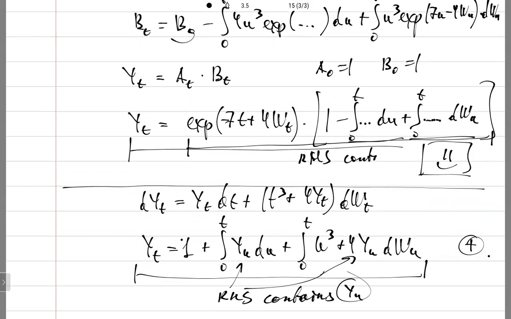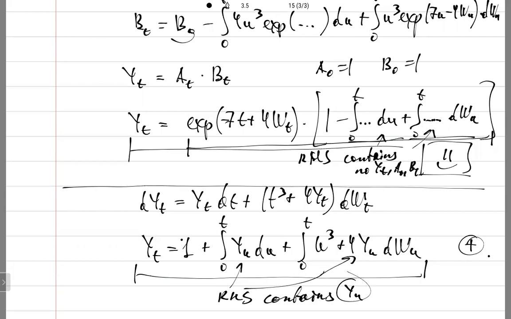contains no Yt. There are no Yt, no At, no Bt. Everything is removed. Unknowns are removed from the right-hand side. So that's why we can call it a solution. It's a normal case that the final answer can contain integrals that cannot be calculated explicitly.